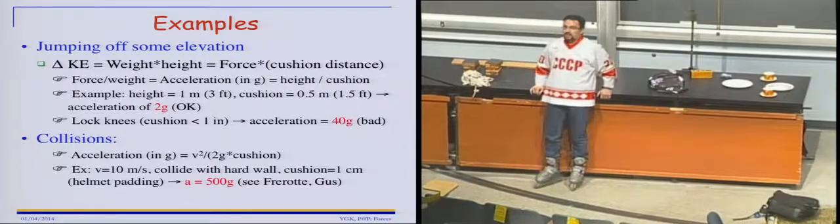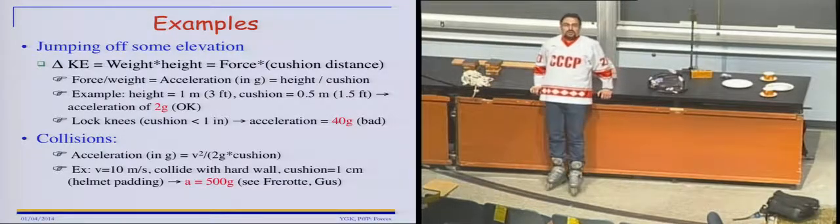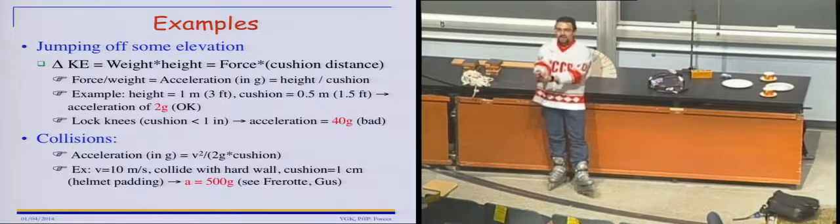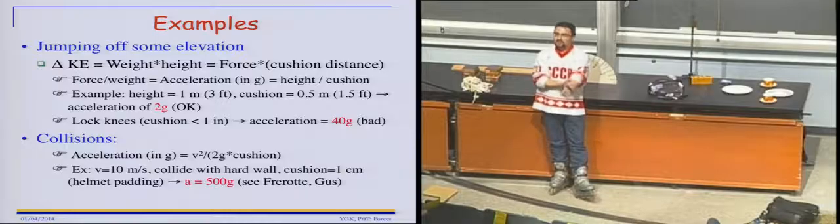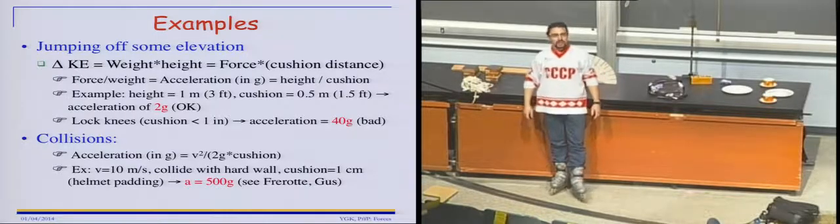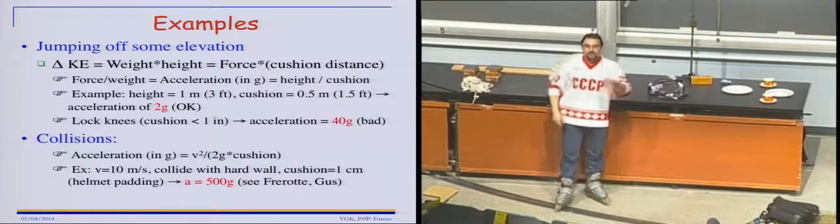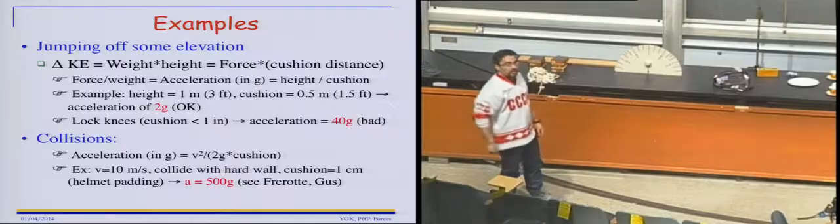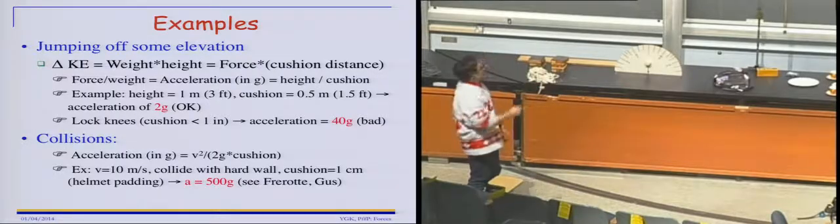Your bones are designed to withstand accelerations of a few g's easily. That's one of these engineering safety margins that's built into our bones and ligaments by nature. So accelerations on bones of a couple of g's is not going to break the structure of your body.